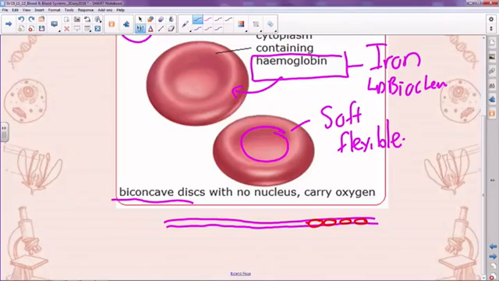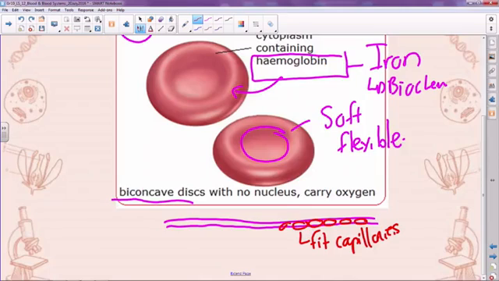So why do I have a cell that's soft and flexible? It needs to transport. It would be a bit stupid if the cell was hard and wouldn't be able to perform its function. So it is soft and flexible so it can fit right through the capillaries. And the capillaries are tiny.